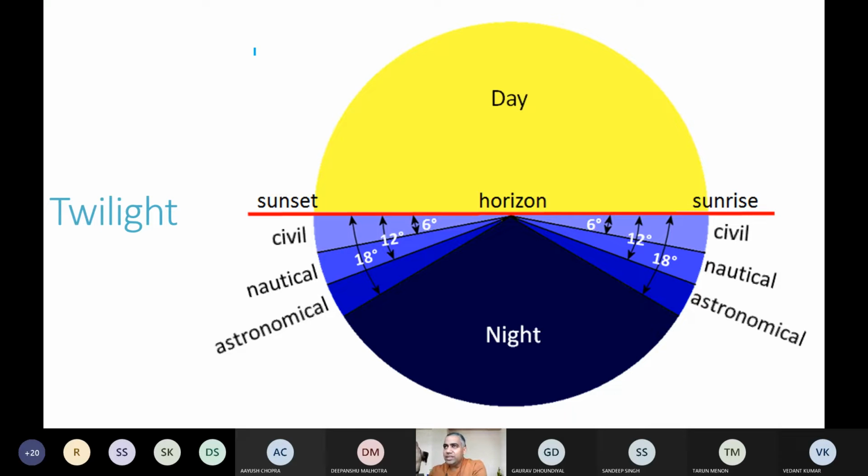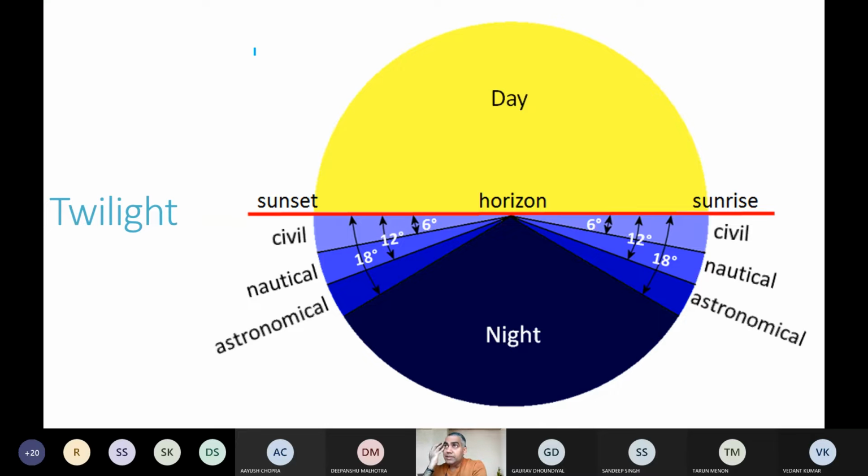When the sun is there in the sky, we can see the sun. That time, if we receive any light from the sun, it is known as sunlight. But when the sun is below our horizon, it will happen before sunrise in the morning, and it will happen after sunset in the evening. In both these cases, when we receive some light from the sun, when it is below our horizon, that is known as twilight.